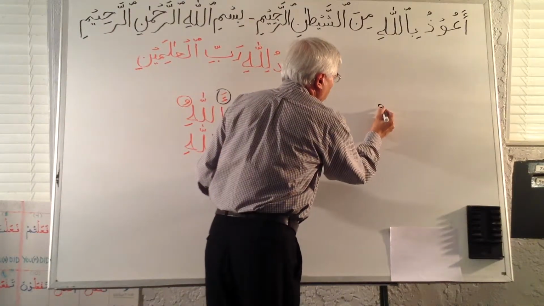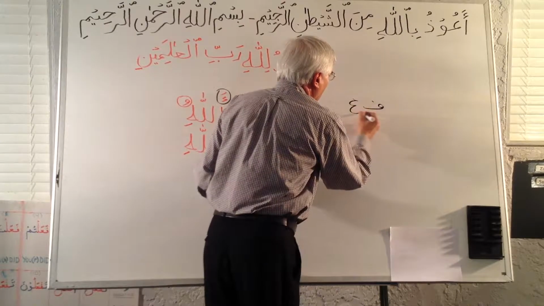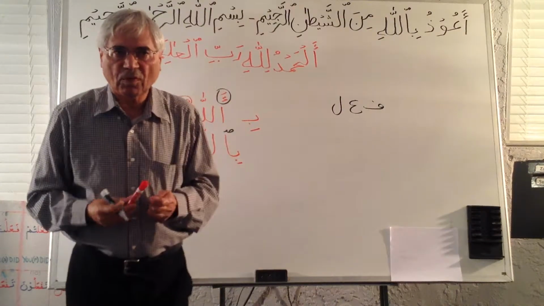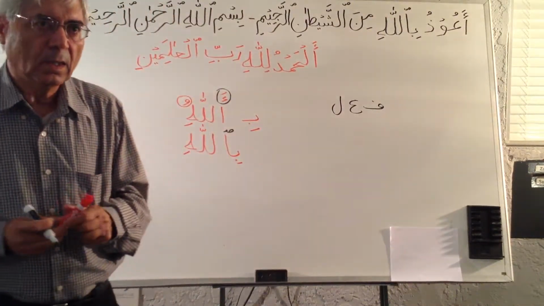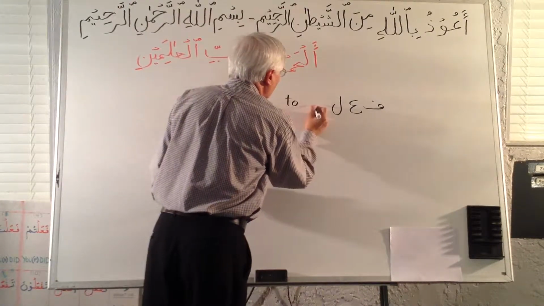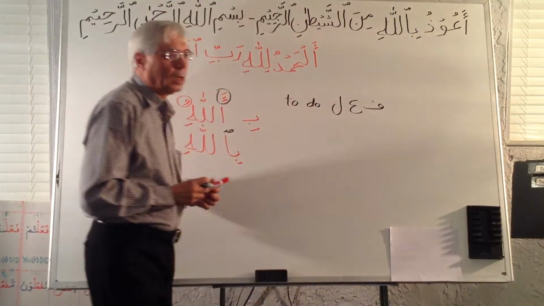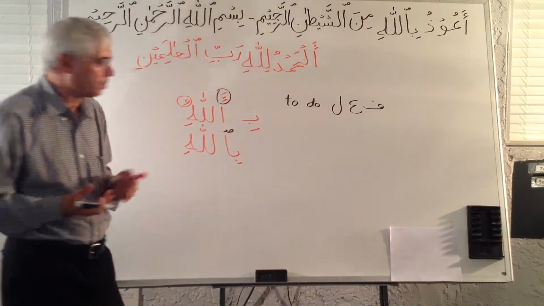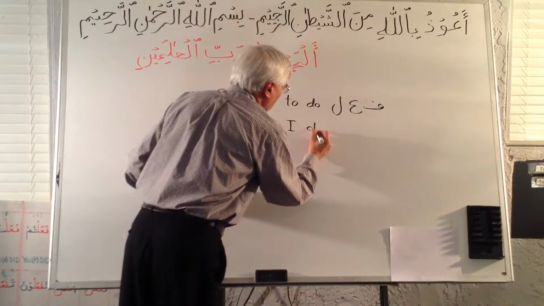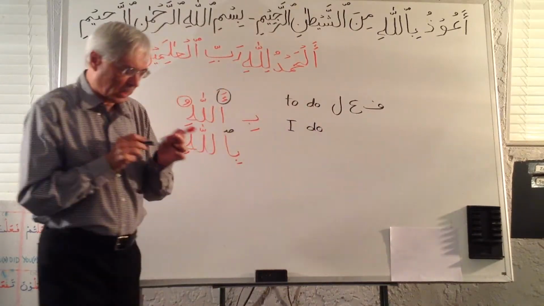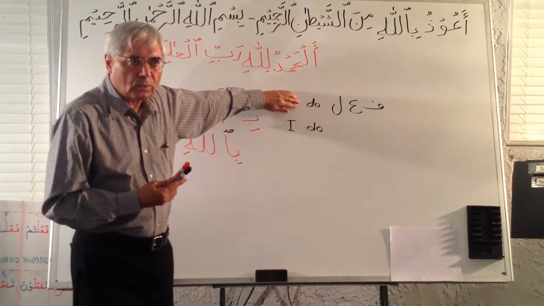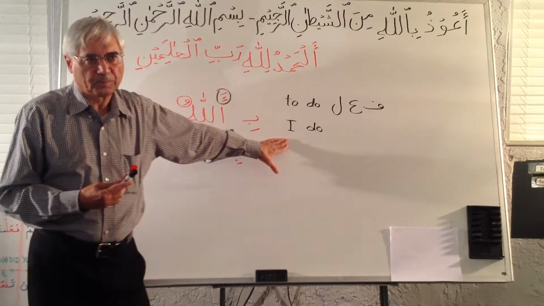We said that we will be learning all the grammar of Arabic by these three letters: Fa, Ain, and Lam. And the meaning of this is "to do." Now I'm going to make a sentence in English. The sentence is "I do." What I did, I removed "to" and put an "I" there.